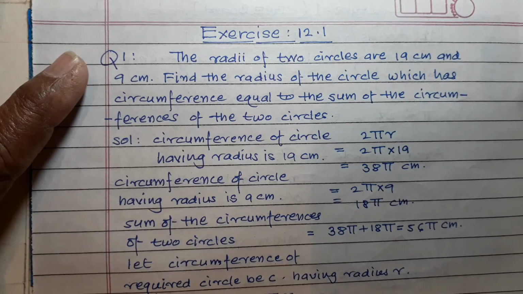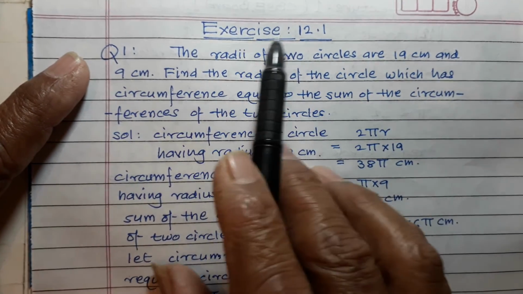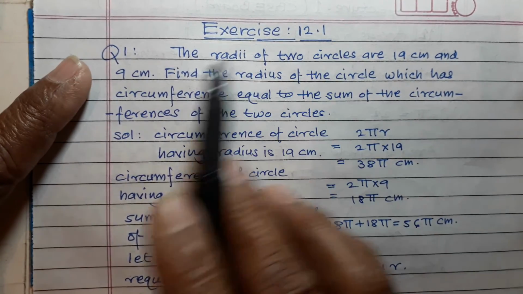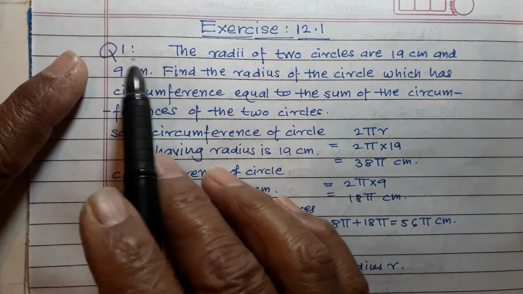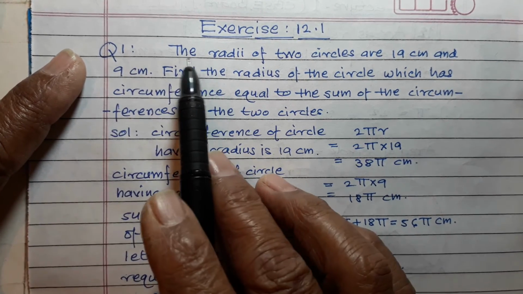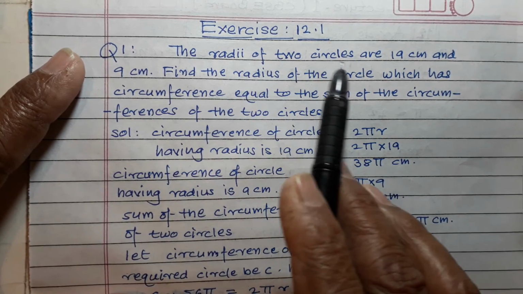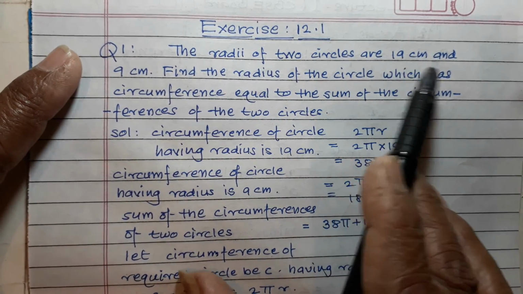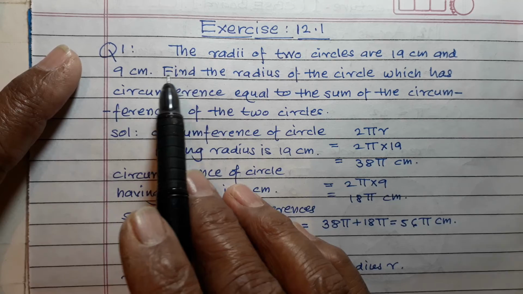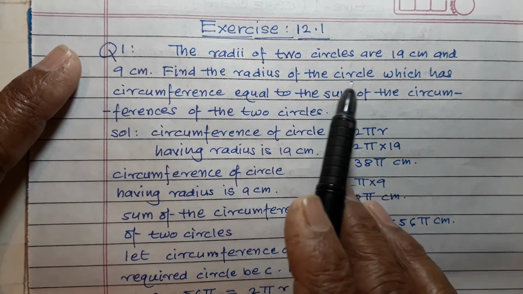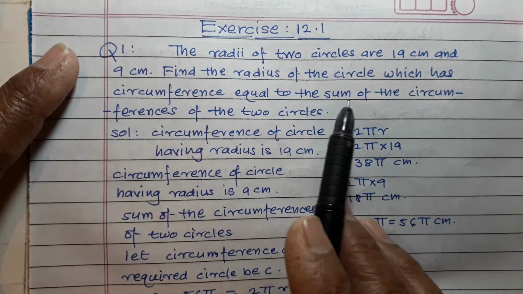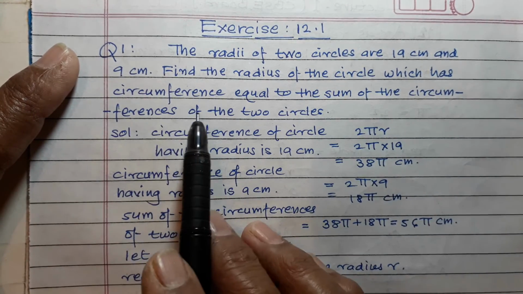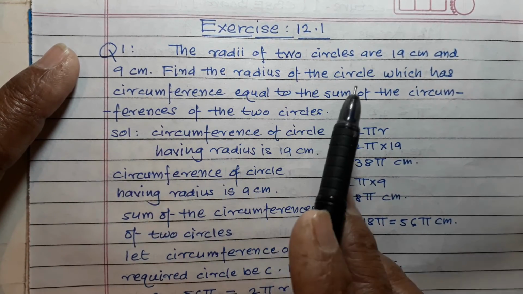Then some examples from exercise 12.1. I explain how to use all formulas. Question number 1. The radii of two circles are 19 cm and 9 cm. Find the radius of the circle which has circumference equal to the sum of the circumferences of the two circles.